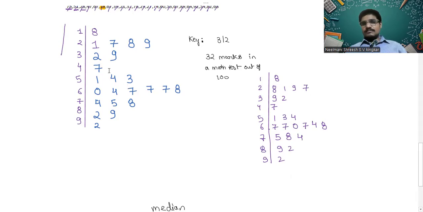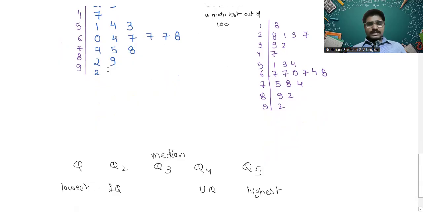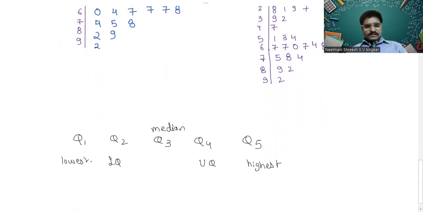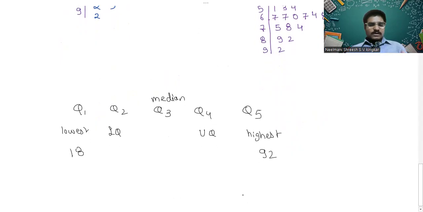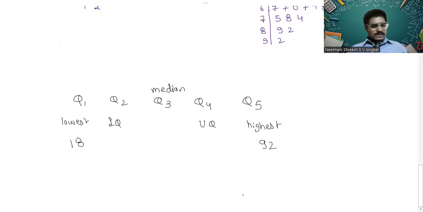In finding the box and whiskers, we can easily find that my lowest is 18. My highest is 92. If I want to find the median, it comes out to be somewhere close to 60. My interquartile range is 35.5, which indicates my lower quartile and upper quartile.